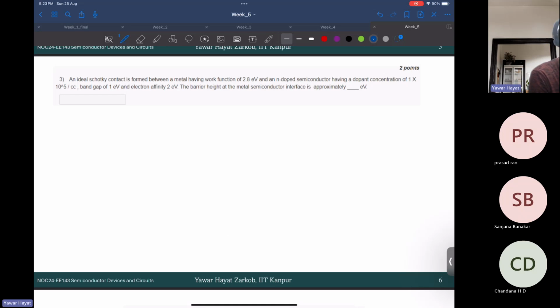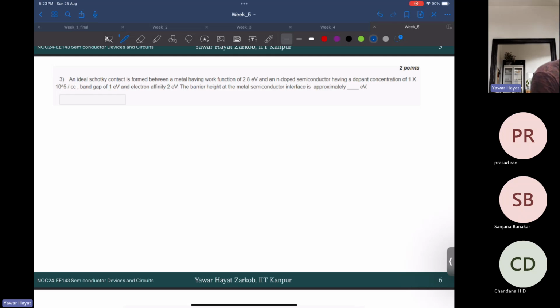The band gap is 1.1 electron volt, and the electron affinity chi is 2 electron volts. We need to approximate the barrier height at the metal semiconductor interface, in electron volts.